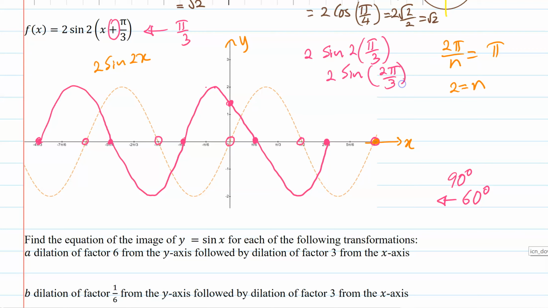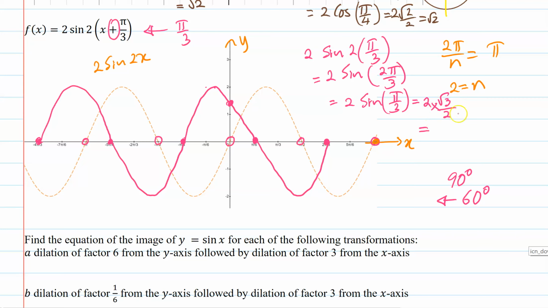Okay, what is 2 sine 2 pi on 3? If you use your symmetric property, that becomes simply 2 sine pi on 3, complementary. Hence we get, I should have put an equal sign there. What is sine pi on 3? From your exact value table, it's root 3 on 2. Therefore this is 2 times root 3 on 2.